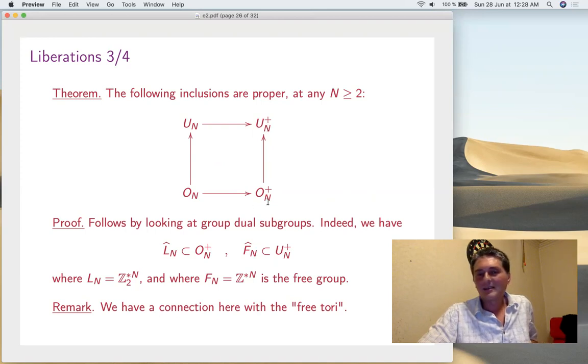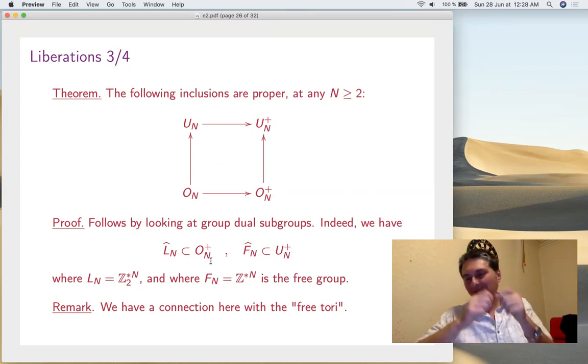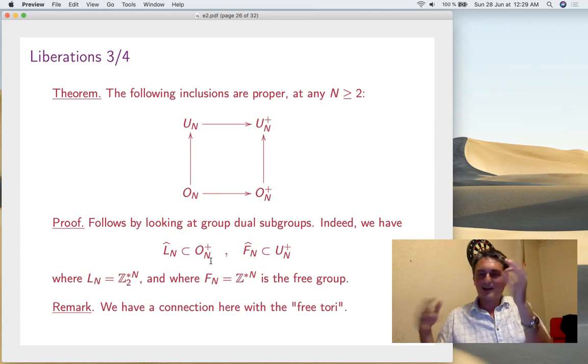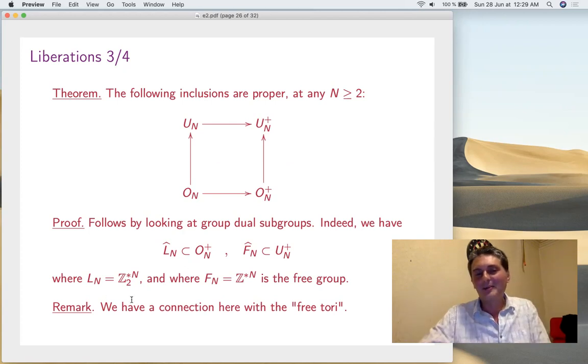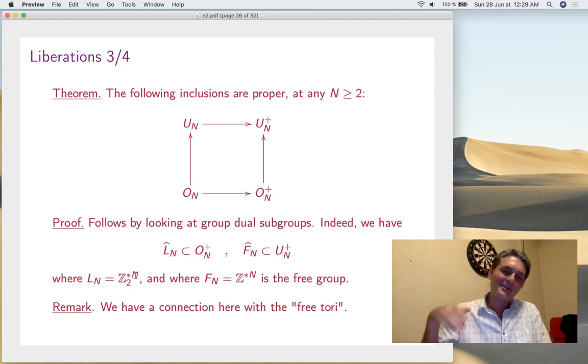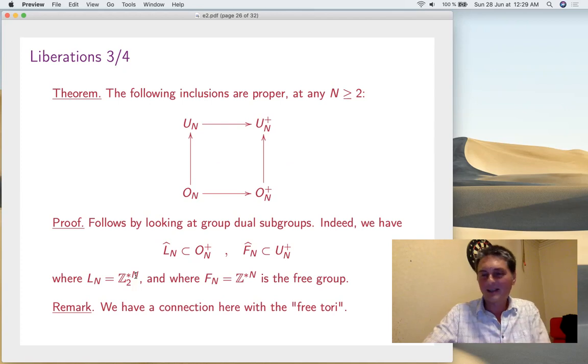Now in the orthogonal case, of course, this one works too. So you have to assume that your coordinates g1, ..., gn of your group dual are real. So you're led to this group here, Z2 free product itself n times. So finally these things appear on the diagonal: the biggest group dual subgroups are here, the dual of Fn, the dual of Ln. Here, of course, you get the torus and the cube.